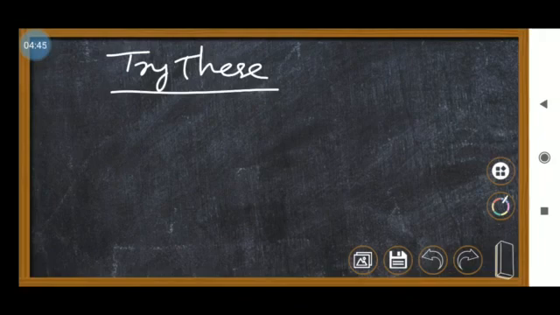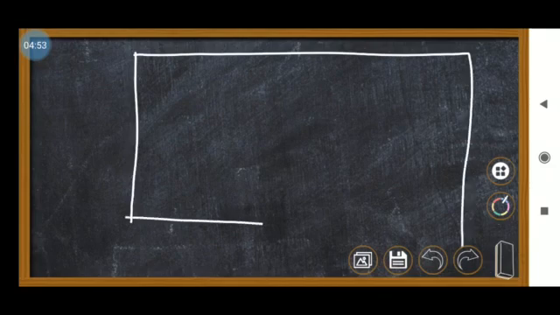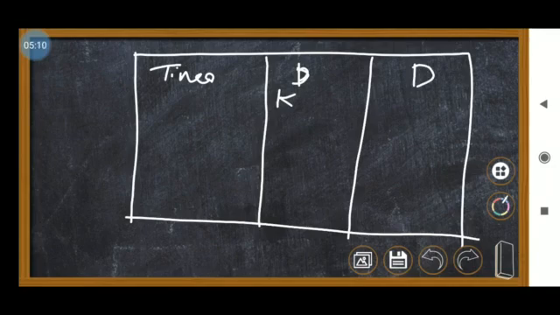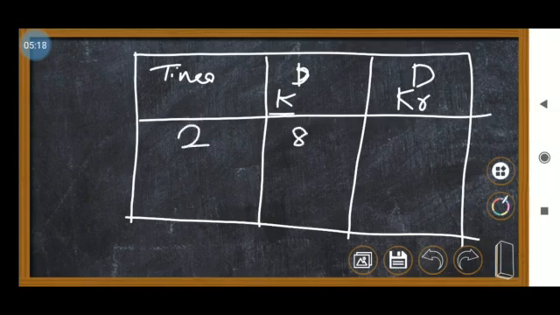First I will put the table: time, distance by Karan, which I put as K, and distance by Kriti, which I put as KR. In 2 hours Karan covered 8 kilometers, and Kriti covered 6 kilometers.